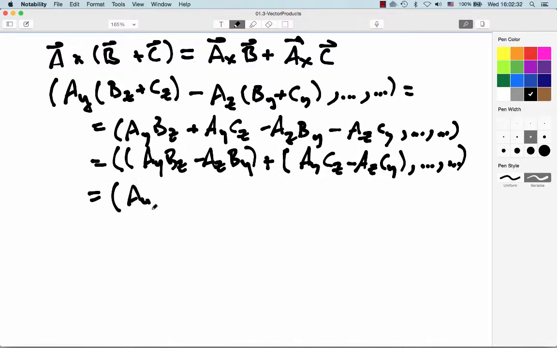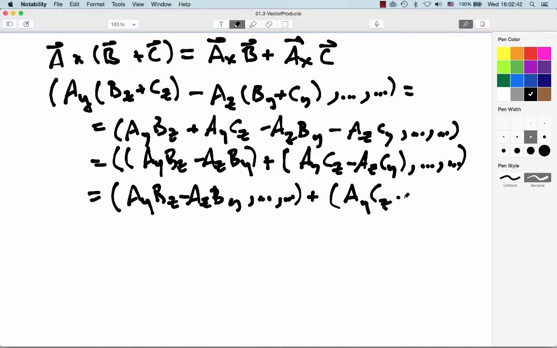So this becomes aybz minus azby in two similar terms, plus aycz minus azcy in two more similar terms. If I look at that and go, oh my God, that is a cross b, and that is a cross c, and that completes the proof.